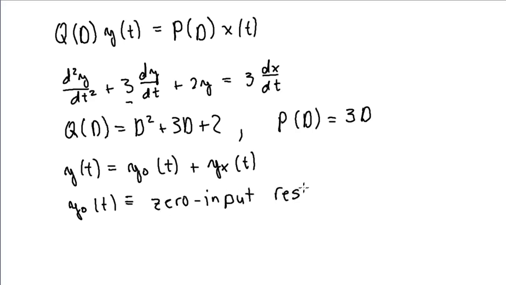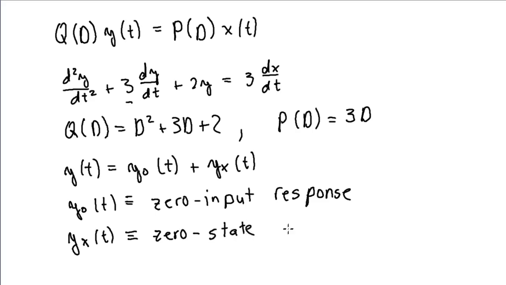So this is the output due to any initial state, like any voltages on capacitors or any initial currents through inductors. This is the component of the output that, when the input is 0, is due just to the initial conditions. And the other component of the output, called yx of t, is the component due to the input only, with all state conditions set to 0.